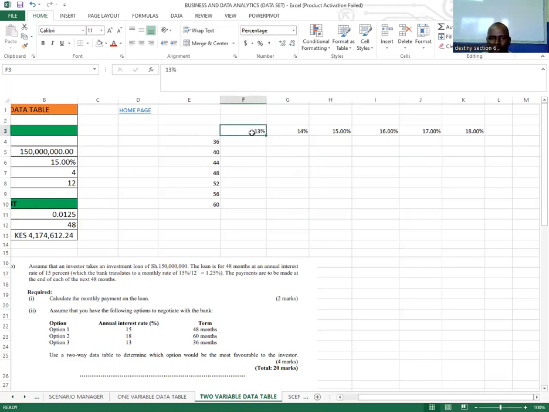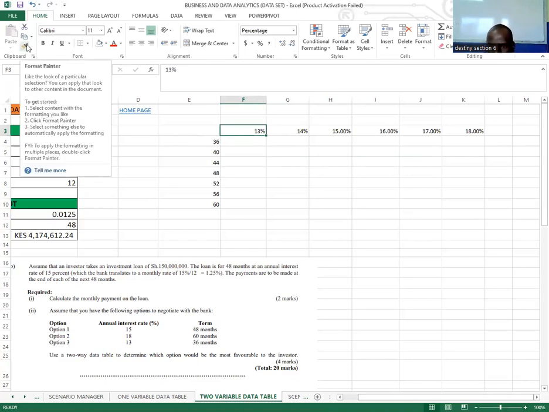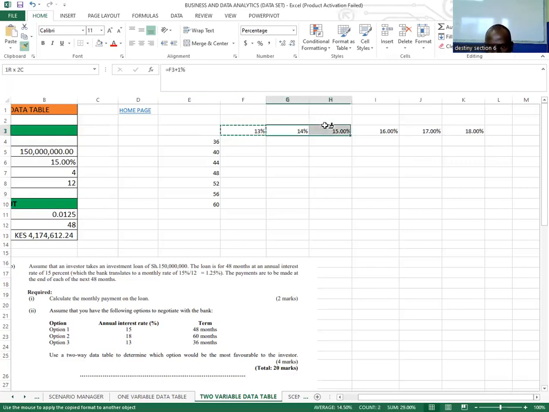There are two ways of doing that. We can either use this format painter, select that format painter and then apply it like that, so at least we have that format. Otherwise, you can also highlight, assuming you have decimal places, and then use this shortcut to reduce them. Either can do. So now the question says to use the two-way data table to determine which option would be the most favorable for the investor.